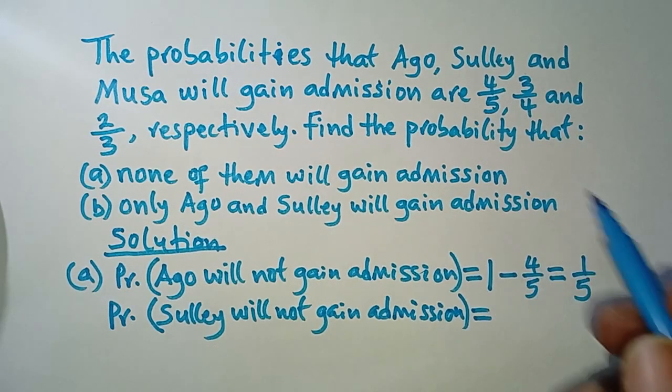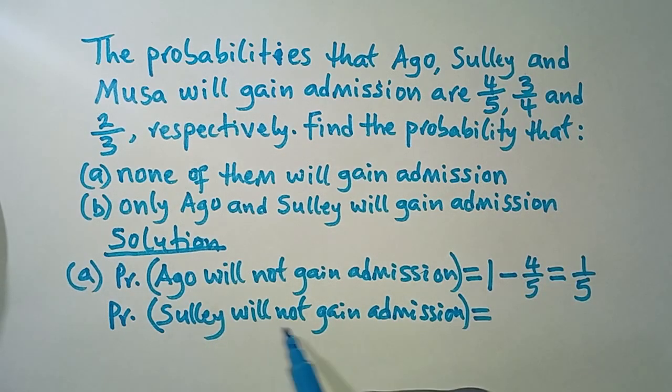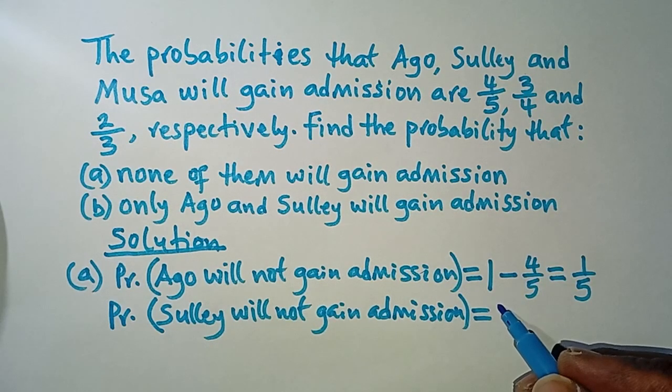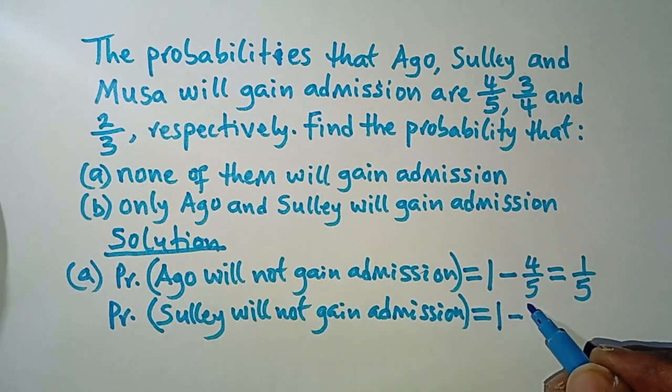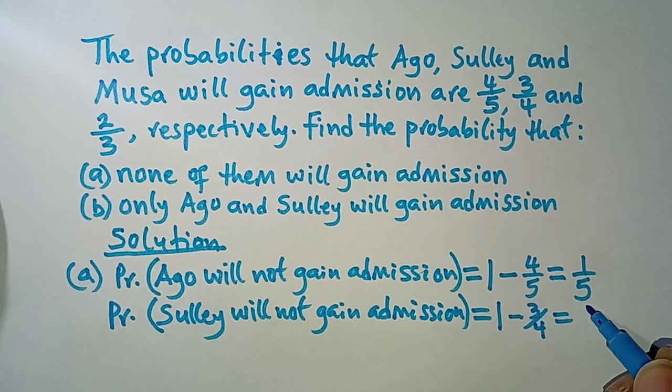So the probability that Sule will gain admission is 3/4. So the probability that he will not gain admission is simply also 1 minus 3/4. And that will give us 1/4. That is, you simply say 4 minus 3, and that is 1, all divided by 4. So that's the short method of doing it.